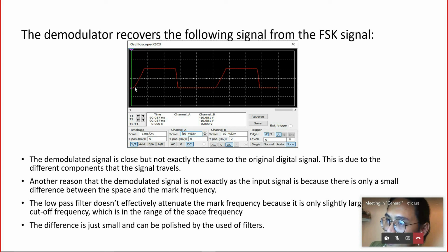So it still has a ramp up effect when the input signal is changing. This ramp up can be cleaned by the use of a capacitor as a filter on the output side of the demodulator signal.